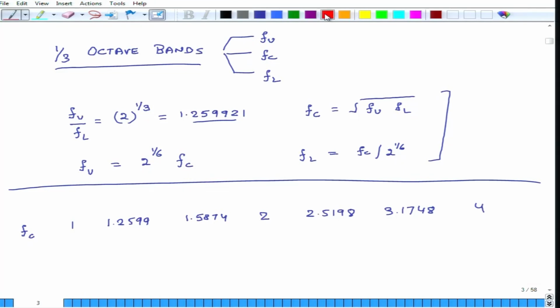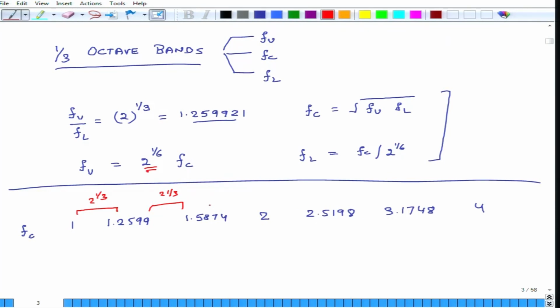So, what is this? Successive central frequencies are off by a factor of 2 to the power of 1 by 3. Now, these are all central frequencies. For each band, to compute its lower and upper frequency limits, I have to divide and multiply by 2 to the power of 1 by 6.